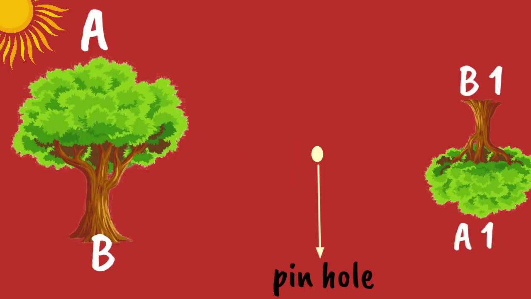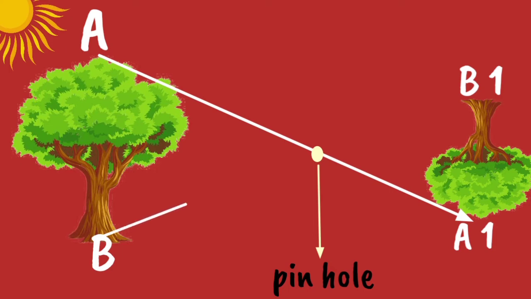Well, that is because, for example, the light falling on point A of the tree travels in a straight line and passes through the pinhole and reaches the screen as A1. Similarly, the light falling on point B of the tree travels in a straight line and passes through the pinhole and reaches the screen as B1.